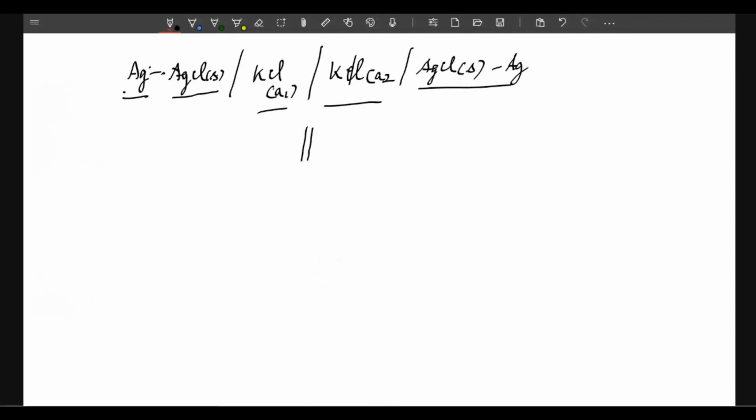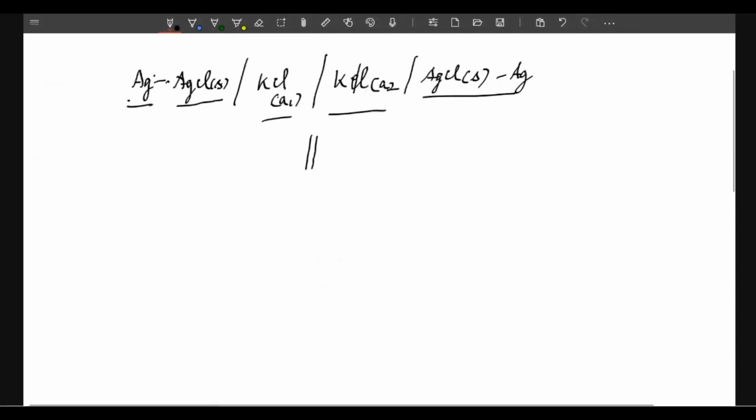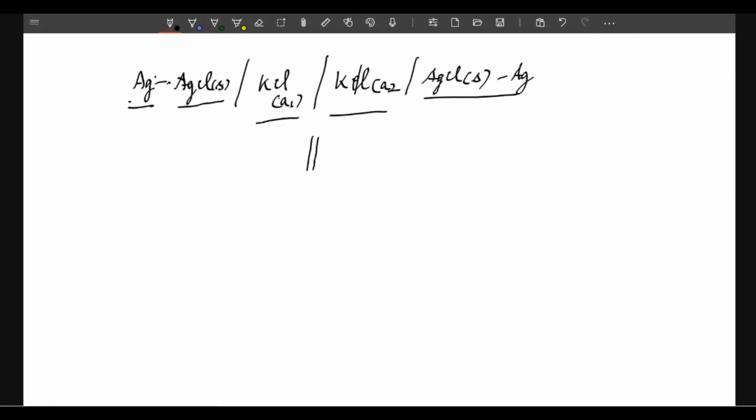A single line represents a semi-permeable state. That is, these two electrolytes are in contact with each other through a porous part or porous glass. If you put this like this, it says that no ions would be moving, no potassium or chloride ion is moving from this part to this part, but the ions present here would be moving.